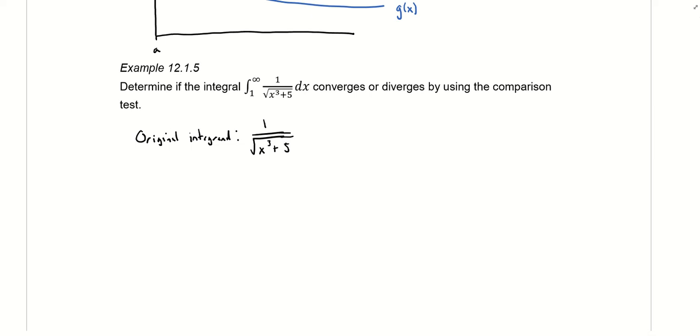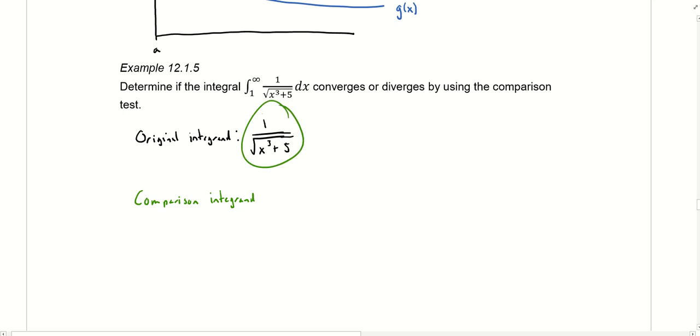What's a good thing to look for? Again, what I want to pick for this comparison integrand is something where not only can I compare its behavior, or more specifically its size, to this, but I also want it to be something where I can very easily assess its behavior by integrating it from 1 to infinity.